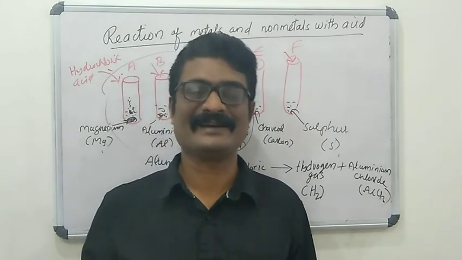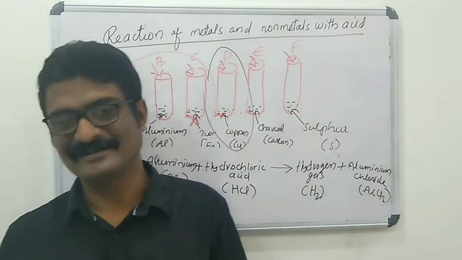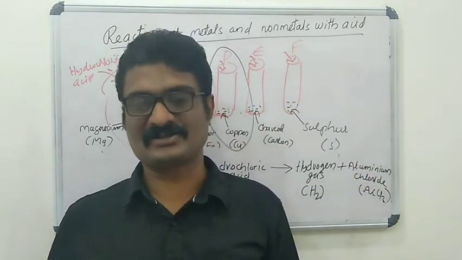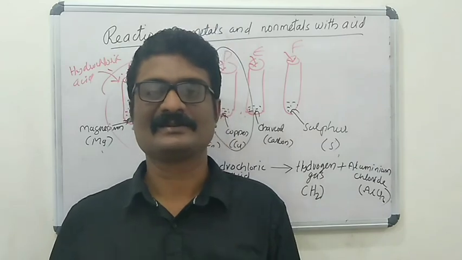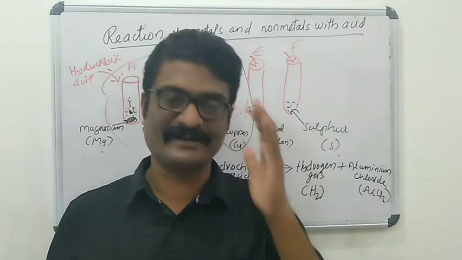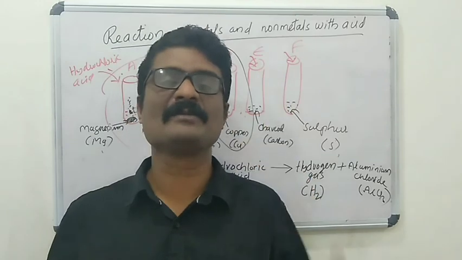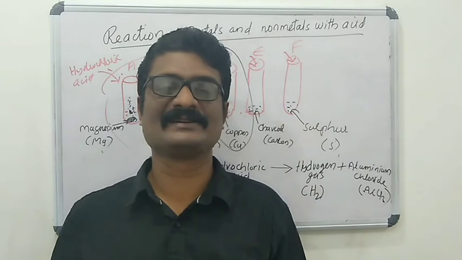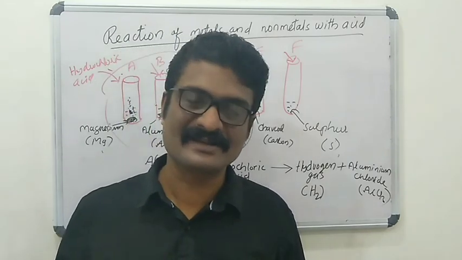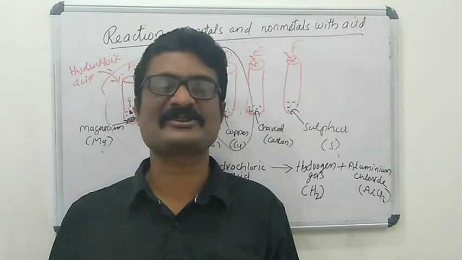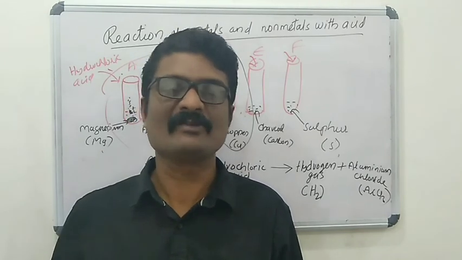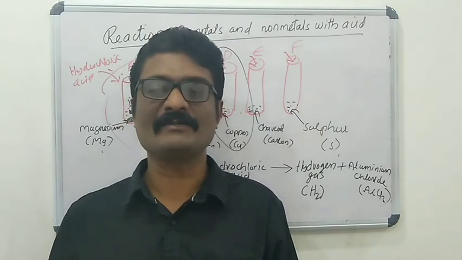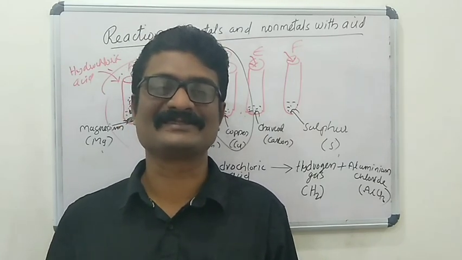Then the main points: the more reactive metals like magnesium, aluminium, iron and zinc react with acids to form hydrogen gas, but less reactive metals like copper, silver and gold do not react with acids, and the non-metals also do not react with acids.